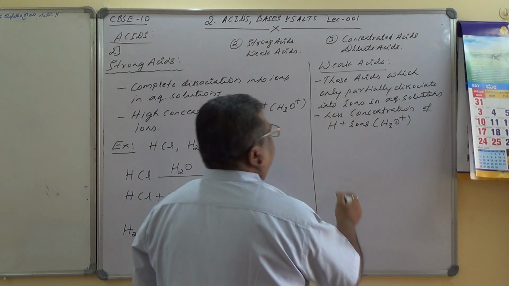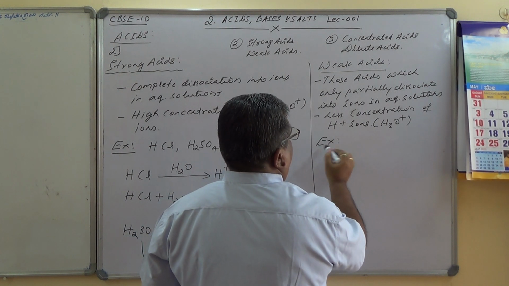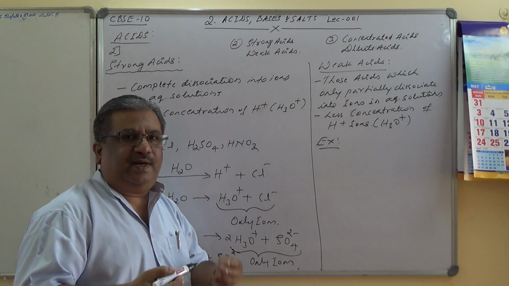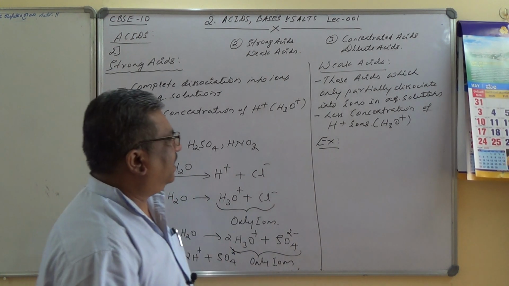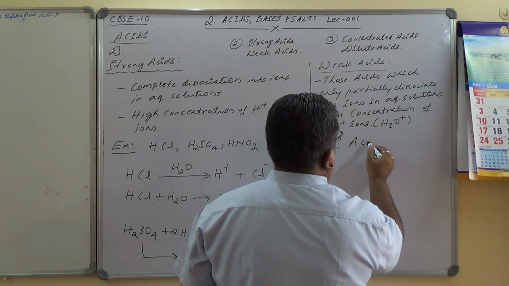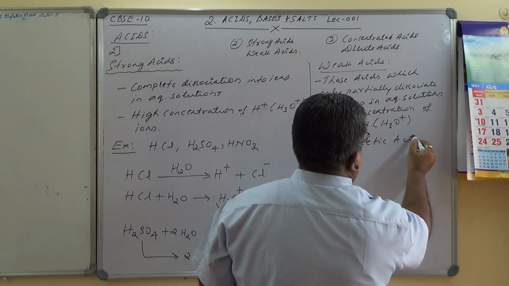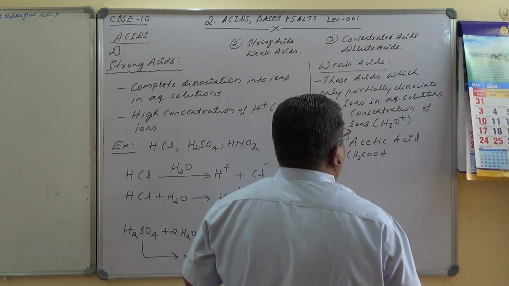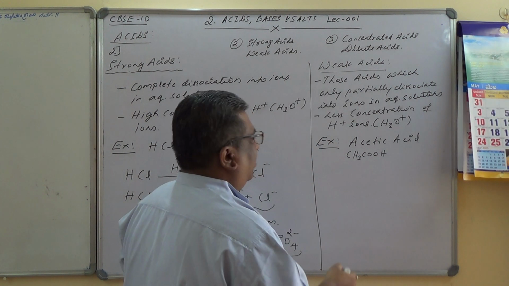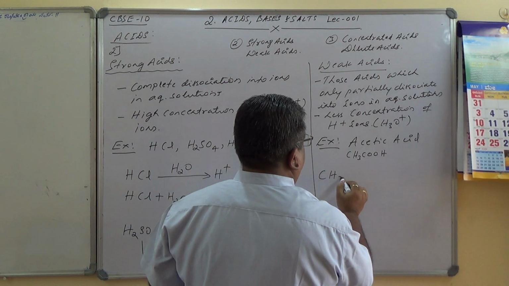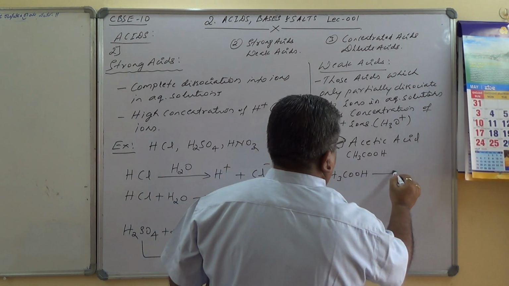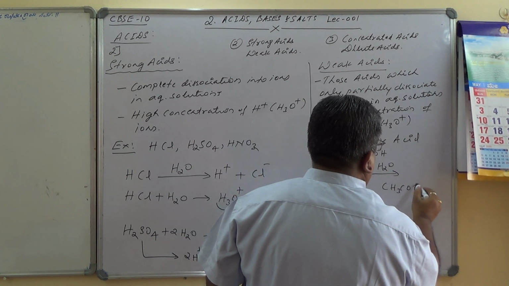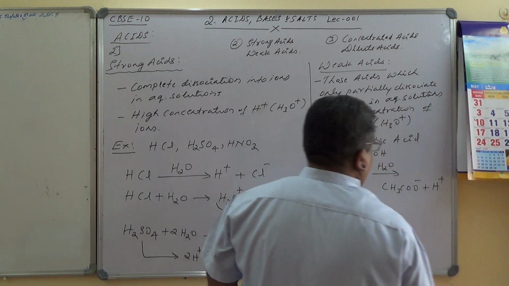Now, what are the examples for this? The examples are all these organic acids which we discussed; they are examples of weak acids. You can say acetic acid, CH3COOH. Okay. So how does the splitting take place? CH3COOH in the presence of water gives CH3COO minus plus H plus ions.